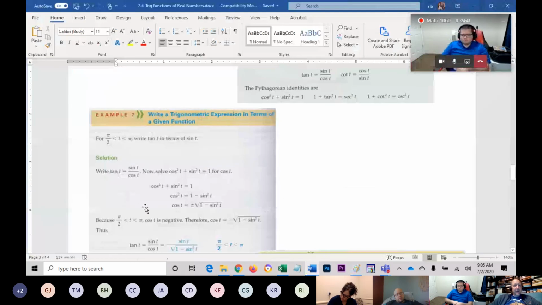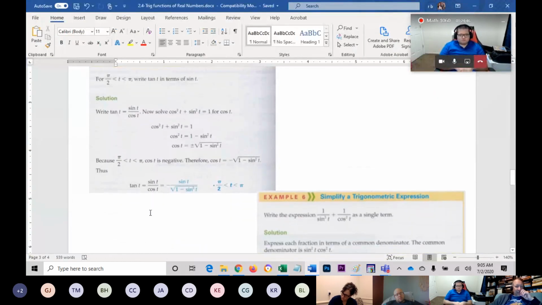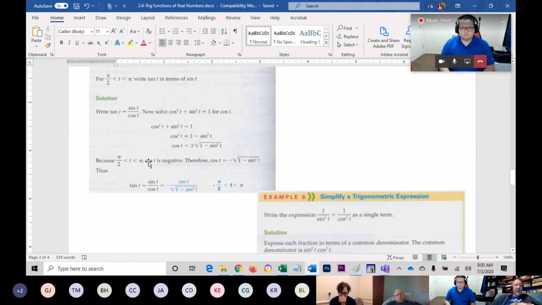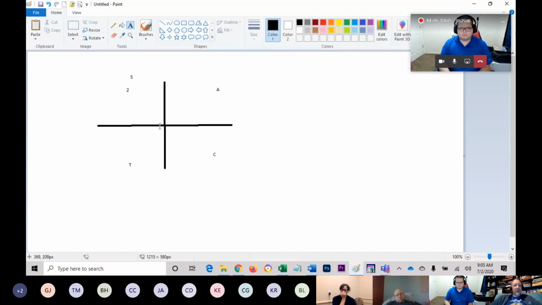Okay. So that is example 7 in your book. And so when t is between pi halves and pi, you can rewrite your tangent as, oh, except why do they have a negative in there? Oh, because the cosine's negative. Sorry, I was talking about the sine.